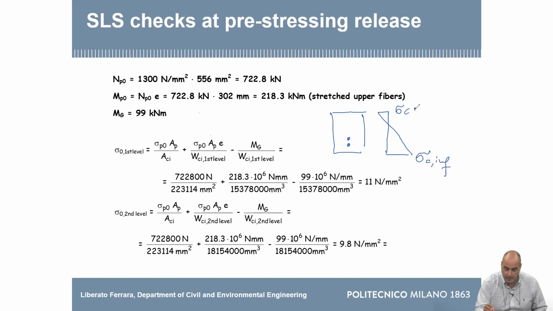This is what we call sigma C superior. And then you calculate the stress here, and then you calculate the stress here. Okay, why do we do this? You will see in a while. But anyway, you always use the same formula, simply calculating the stresses at different positions. Okay, keep these numbers there and store them for a while.